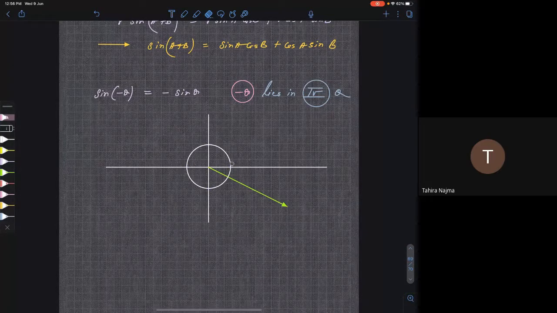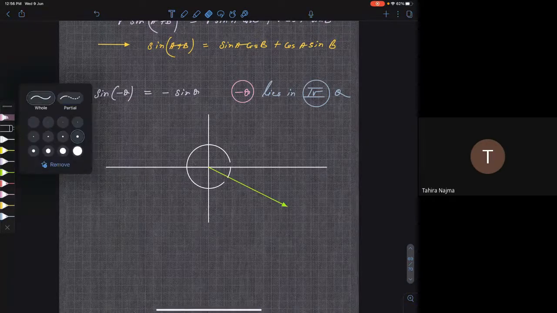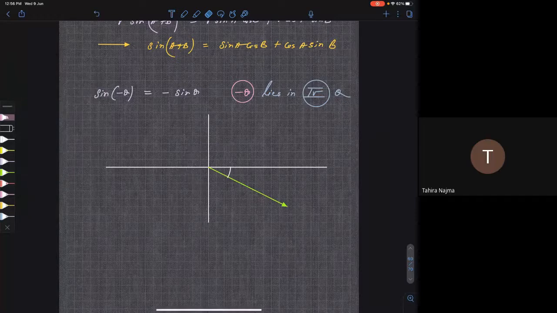This is minus theta. Minus theta always lies in which quadrant? Fourth quadrant.